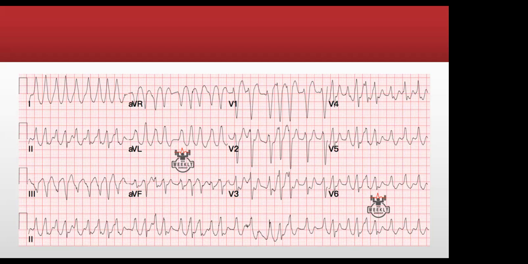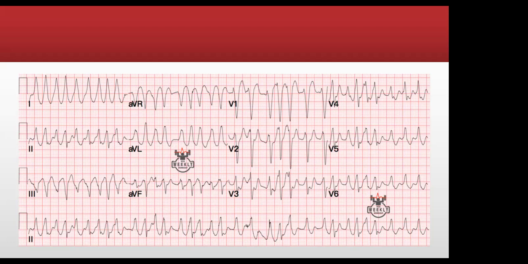Thank you. I think the key here is that anytime you see this, the first thing is to look at irregularity. Once it's irregular, think more of pre-excited AF or SVT with aberrancy, which could be a form of LBB or a form of WPW. But just know that that would be an SVT with aberrancy.